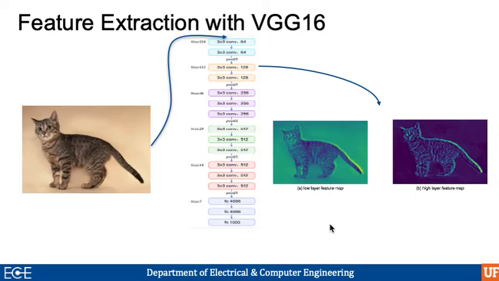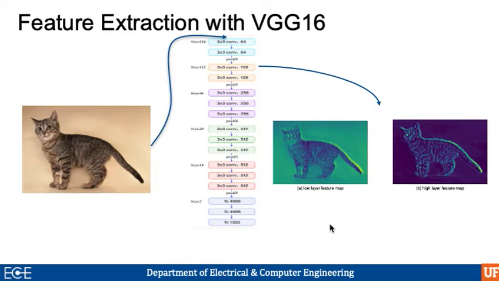And as you can see here, the first picture is an original cat picture, and when it is fed into the network, you simply take a slice of the convolutional neural network, and it works because it can filter out the low layer feature map.